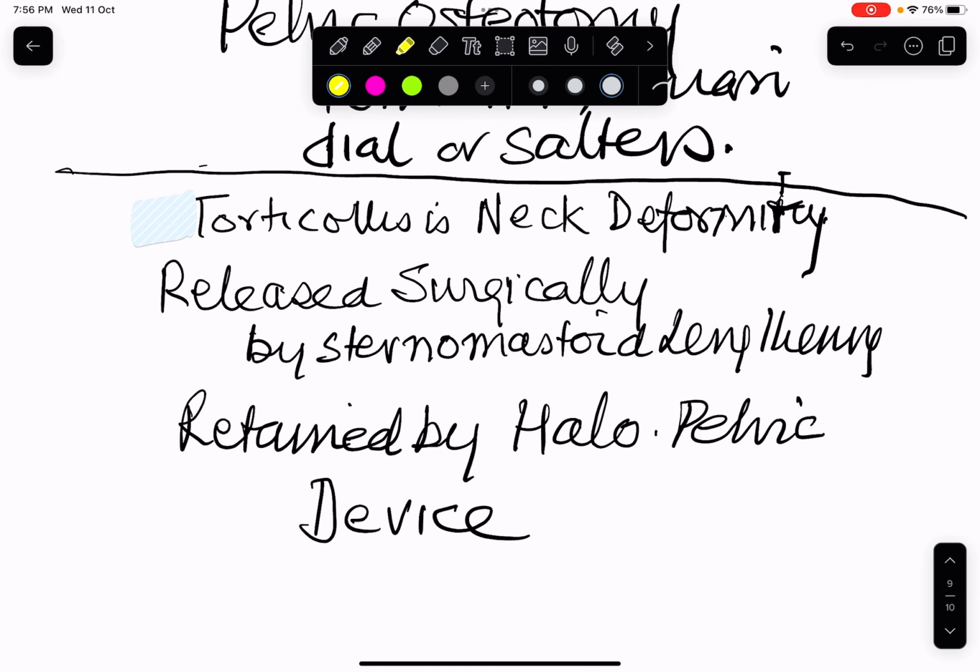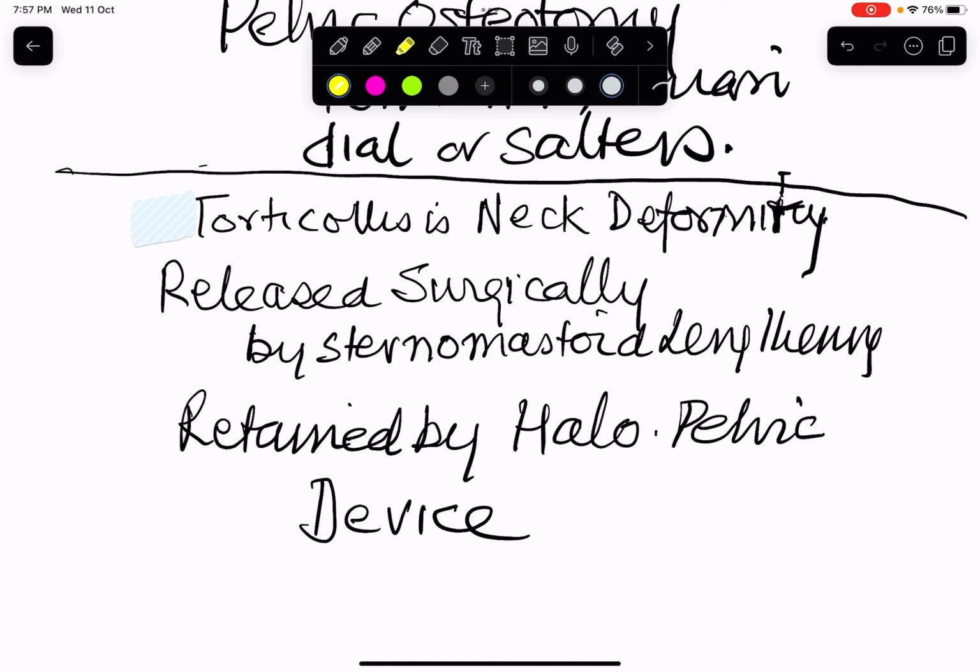As far as torticollis in the neck, torticollis is there. So there may be injury, or there is a contracture of the sternocleidomastoid, which flexes the neck, laterally flexes it and rotates it towards the opposite side.